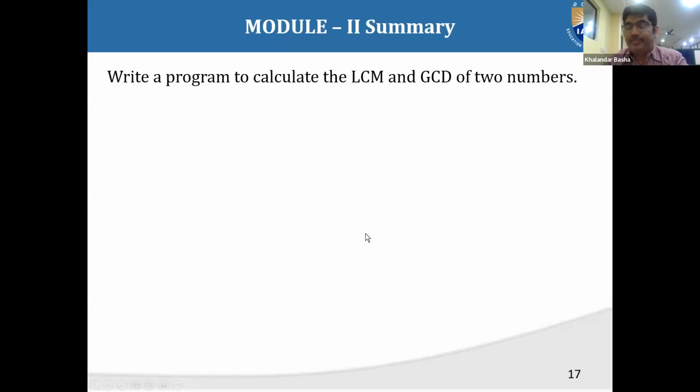So what is LCM? If I'm given two numbers, how do we find the LCM? Let us consider you are given 4 and 5. For this, we have to find out the LCM value.